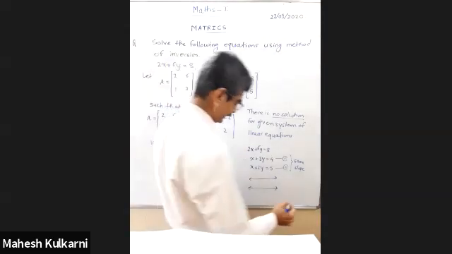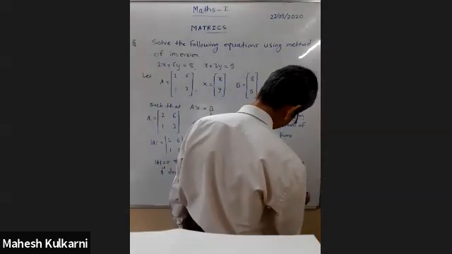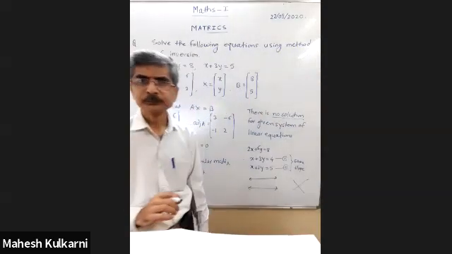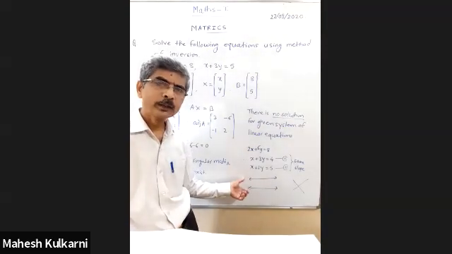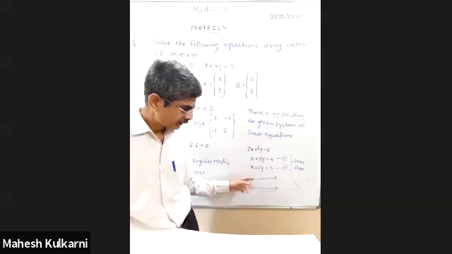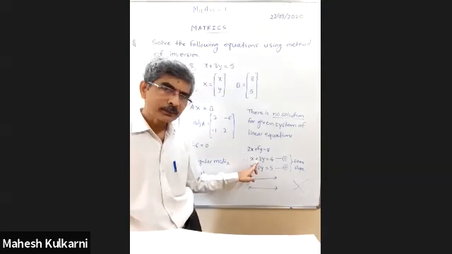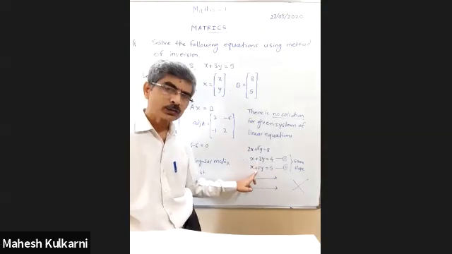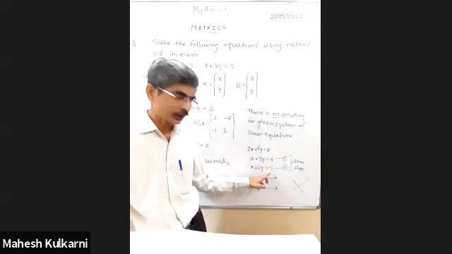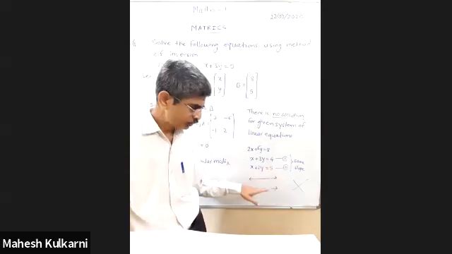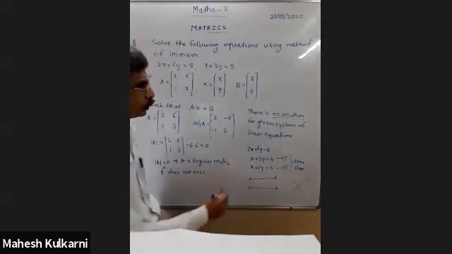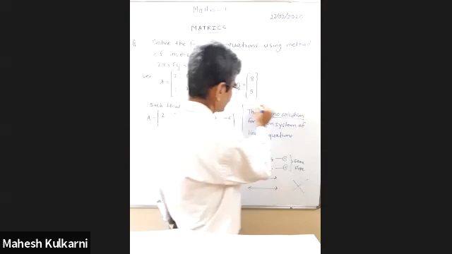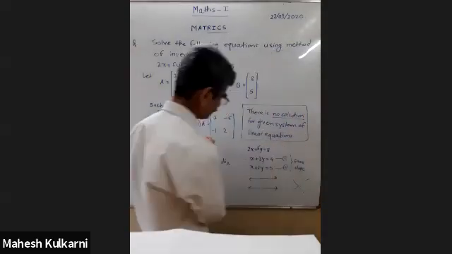Because when two lines intersect each other, you have one common point and we call it a solution. But these two lines are parallel. Slope of this line is minus 1 by 3. Slope of this line is also minus 1 by 3, but the constant terms are different. So these two lines are parallel and there is no solution. So note down this conclusion. This is very important.